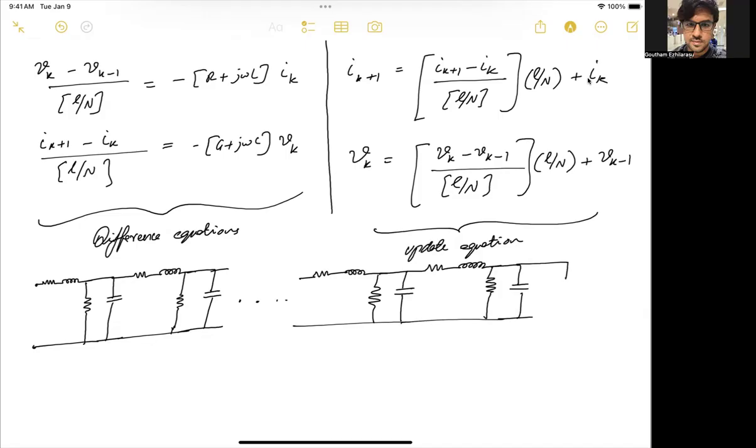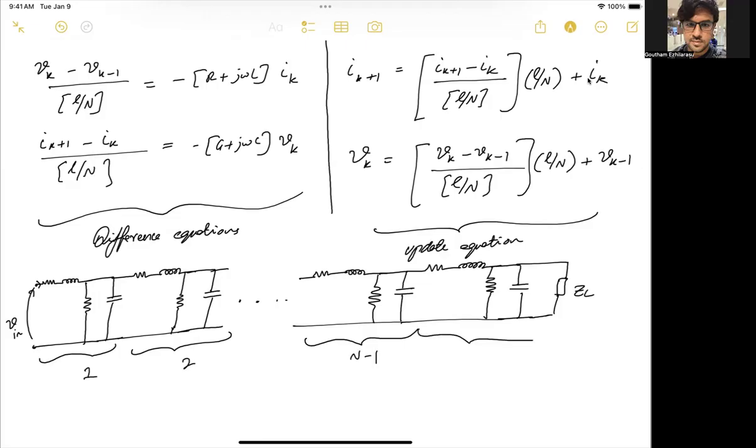This is going to be connected to some load impedance, which is going to set our boundary condition. So the input current, this is the first element, this is the second element, this is basically the N minus 1th element, and this is essentially the Nth element.